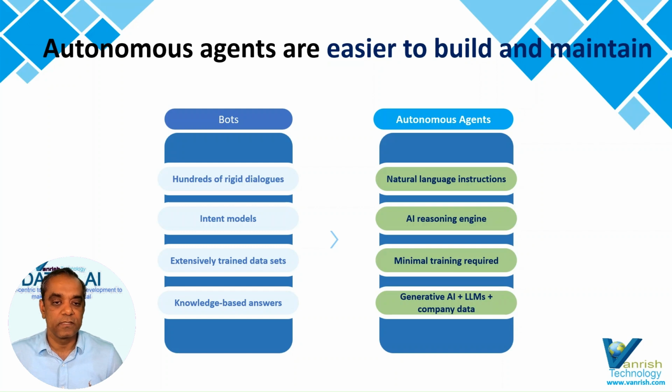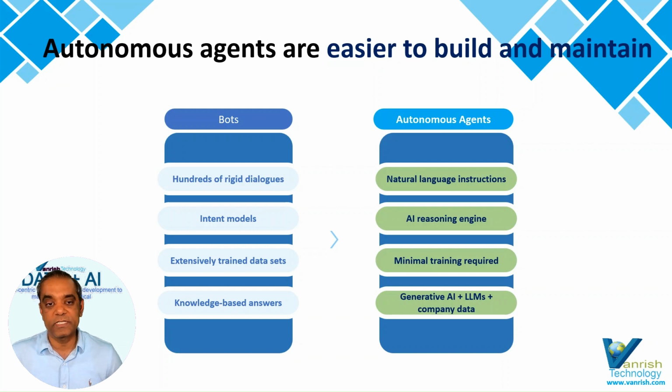This autonomous agent is based on the AI reasoning engine. I will probably cover that in my next podcast or webinar. It is basically the brain of your autonomous agent on Agentforce, called the AI reasoning engine. The third one is minimal training required.